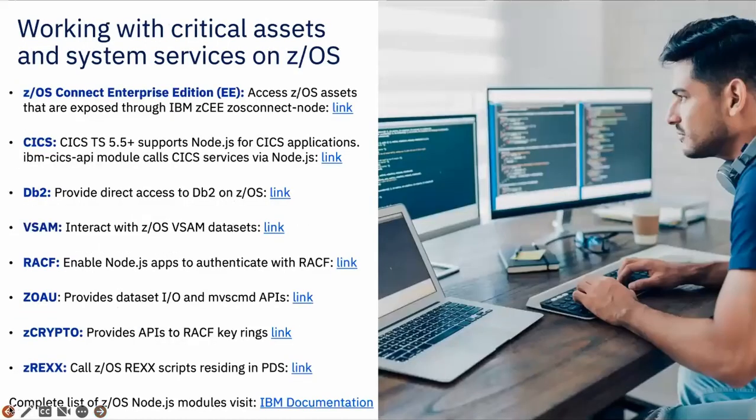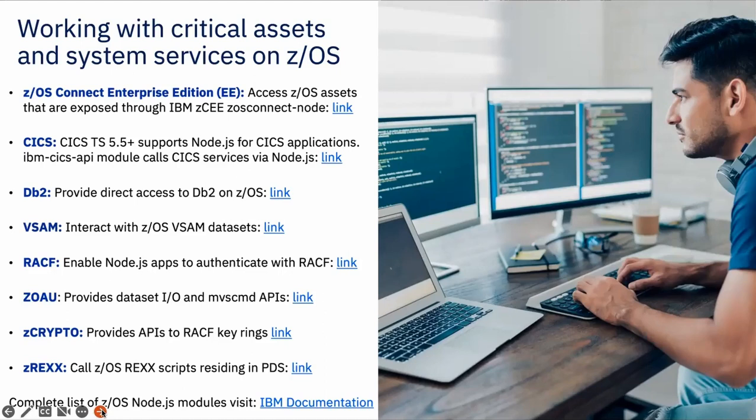When we made Node.js available on z/OS, we also made some NPM packages available so that you can make use of the assets that you have on z/OS. This is by no means the complete list because we still keep working on them. We have z/OS Connect access.